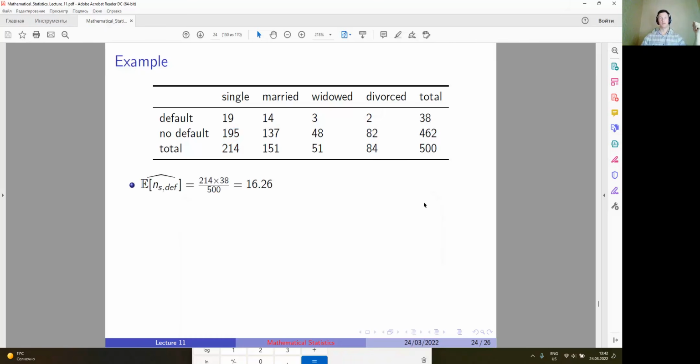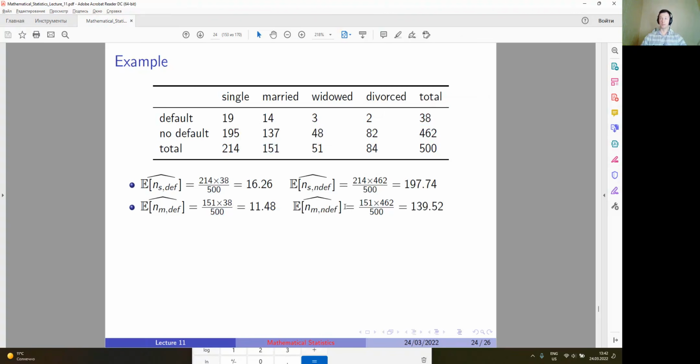So the expected number of people who are single and defaulted, 214 times 38 divided by 500, 16.26. Expected number of people who are single and not defaulted, 214 times 462 divided by 500. Expected number of people who are married and defaulted, again 151, the column total, times 38, the row total, divided by 500, and so on. So we repeat this for every cell.